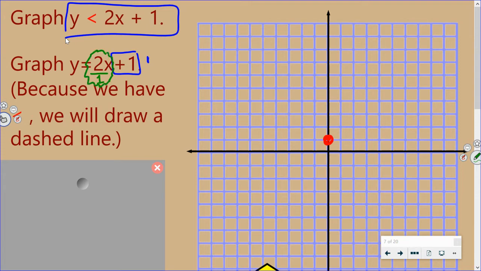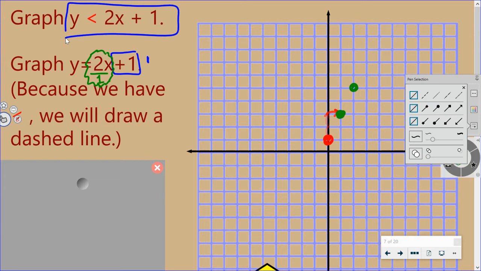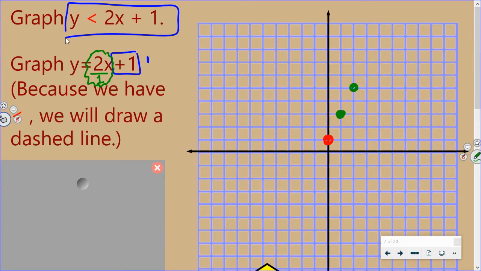Now we have a rise of 2 and a run of 1, so we can go ahead and go up 2 and to the right 1, and there's our next point. And we can go up 2 and to the right 1, and there's our next point. I'm going to go ahead and make this a little thicker. There we go. Up two right one, up two right one, or down two left one, down two left one, and so on.